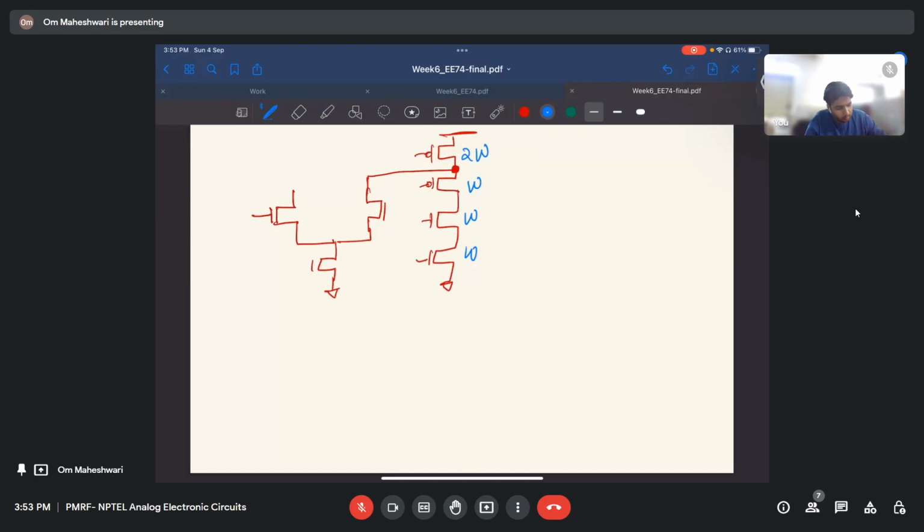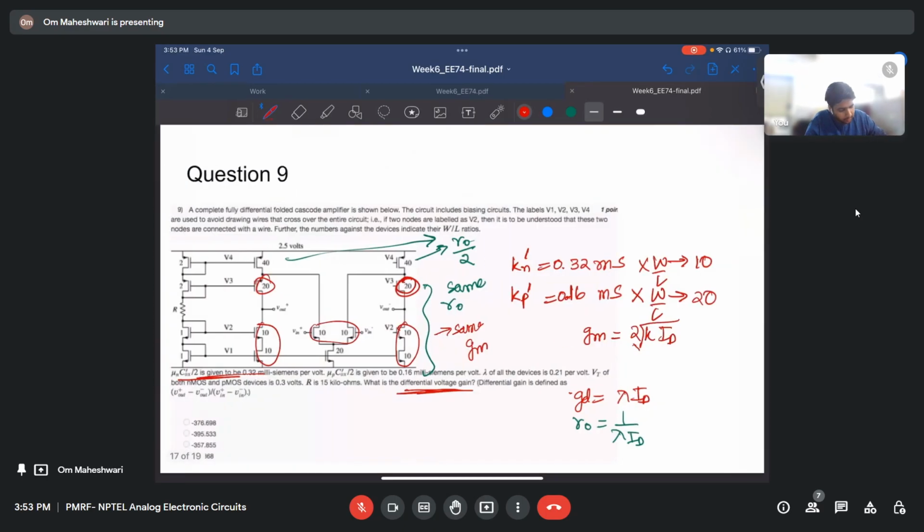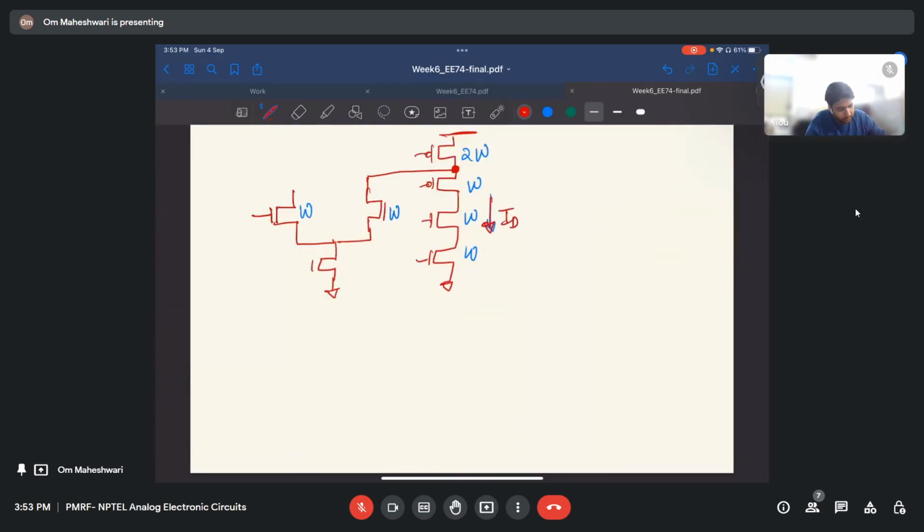So the current through all these, if this is also W and W, let's say ID current flows here, and if they are at the same bias, ID will flow here also. So 2ID will flow through this, right? You can assume it as, let's say, talk in terms of resistance.